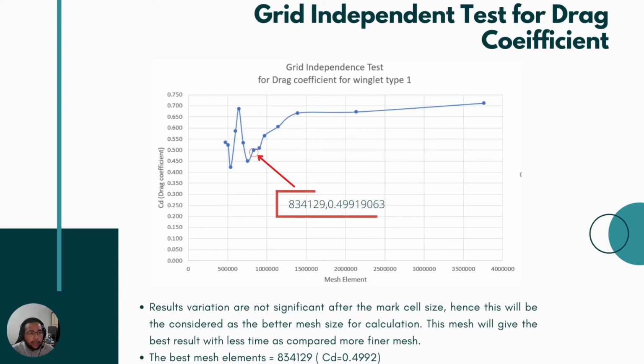The grid-independent test method was found to be appropriate at a mesh element of 834,129, which has a drag coefficient of 0.4992. Result variations are not significant after the marked cell size, hence it will be considered as the better mesh size for calculation. This mesh will give the best result with less time as compared to the final mesh.